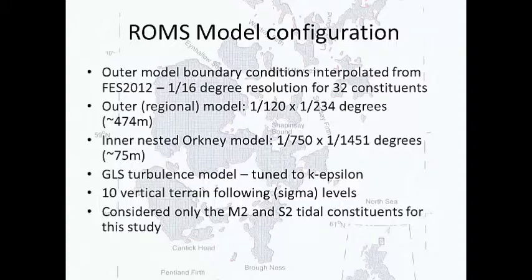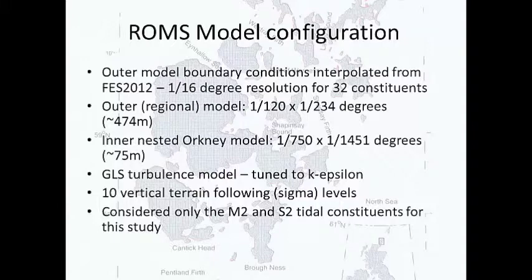It's a 16th of a degree resolution globally, and there are 32 constituents. Actually, I thought it was 33, but there's a large number of constituents anyway, including the ones we're interested in. Then nested within this was a high resolution model of Orkney, at about 75 meter resolution. For those who are interested, we used the K-epsilon turbulence model.